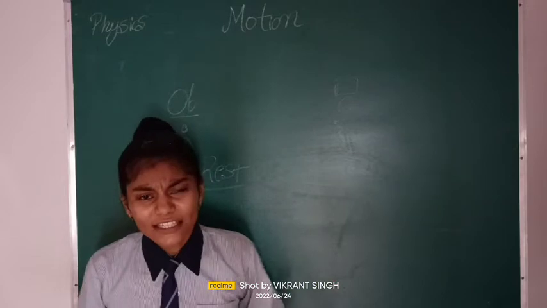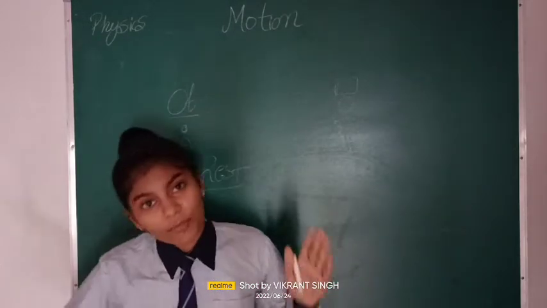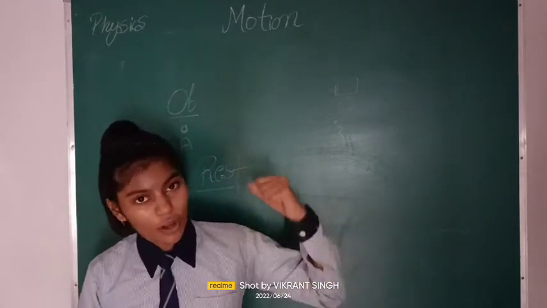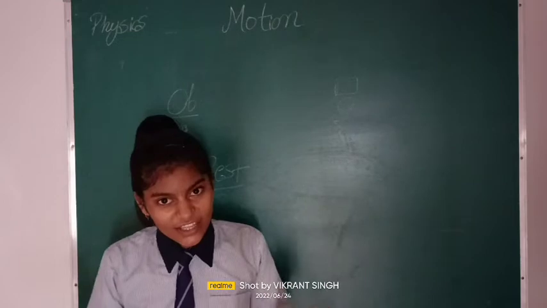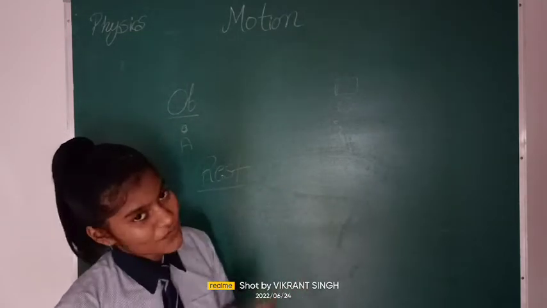In physics, it doesn't care who is really moving. Is the observer moving? Is the object moving? It only cares whether the distance between the observer and the object changes. That's motion. Got it? When the distance between them changes.